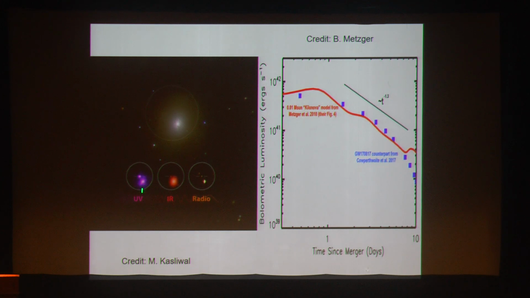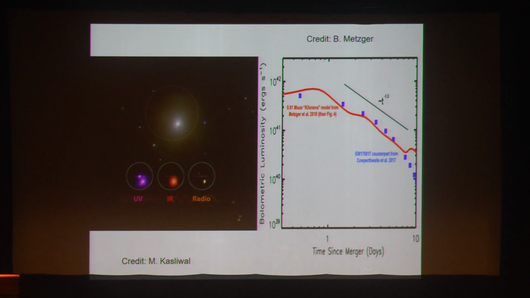They got all these electromagnetic signals from this merger. Initially, 11 hours after the merger, it was first observed in blue and ultraviolet light. Next, it was observed after 2 days in infrared, followed by X-ray and so on. What you see here on the right-hand side is velocity as a function of time.